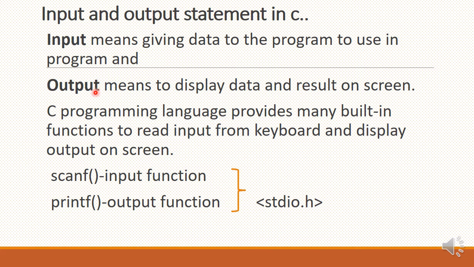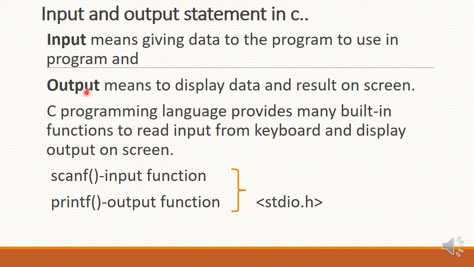Similarly, what do you mean by output? Output is displaying some information from the program. If you want to read and print the same number, whatever you print on the screen is the output.